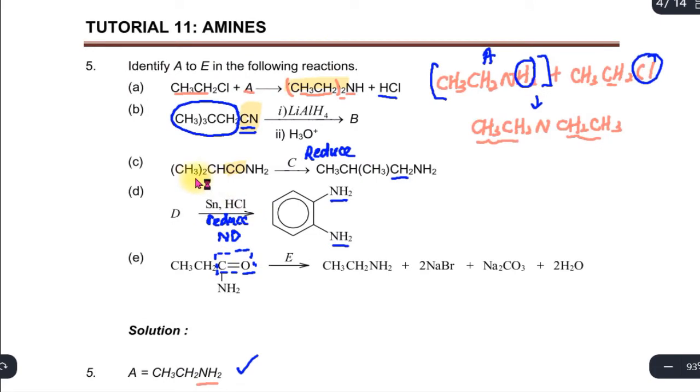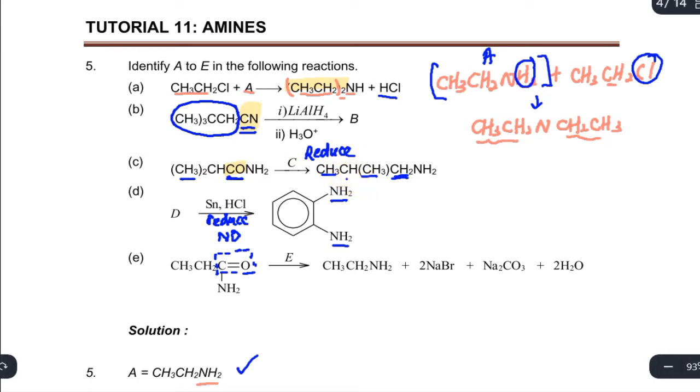For C, we notice the C double bond O of the carboxamide becomes CH2. So sure, it will undergo reduction. You have to double check the rest, is it the same? CH3, CH3, here CH3, CH3, and CH, CH. The number of carbons is still the same.